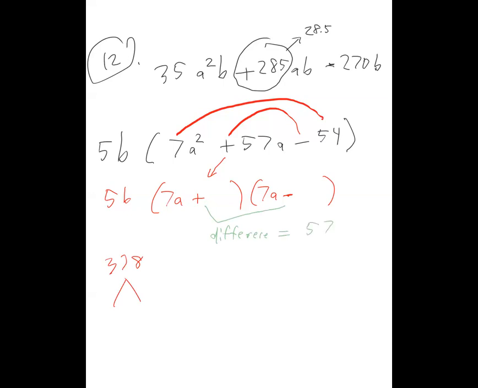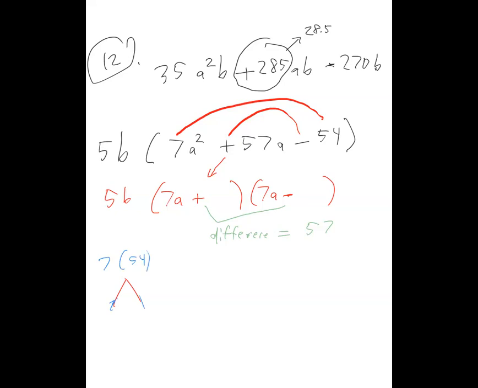So how do I find two numbers that come from 378 whose difference is 57? Well, that's really a struggle. So you know what, I'm going to teach you the secret trick of advanced mathematics. It's not really advanced mathematics, but a secret trick of our class. So what we did is we multiplied 7 times 54, right?